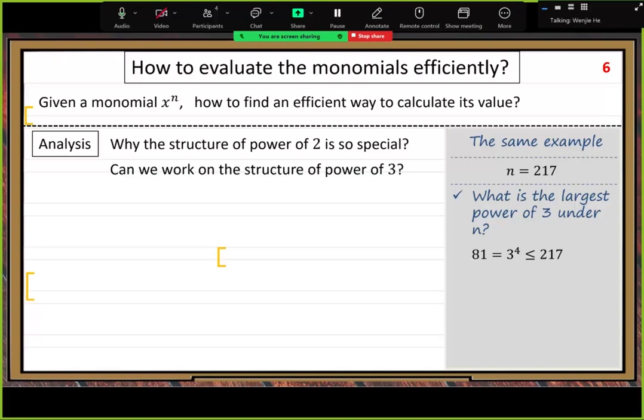So this time you need to use base 3 representation. But in ternary representation, the coefficients could be 0, 1, and 2.